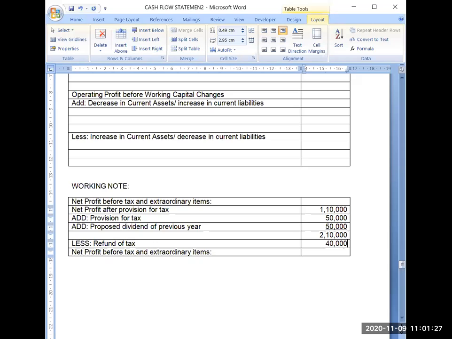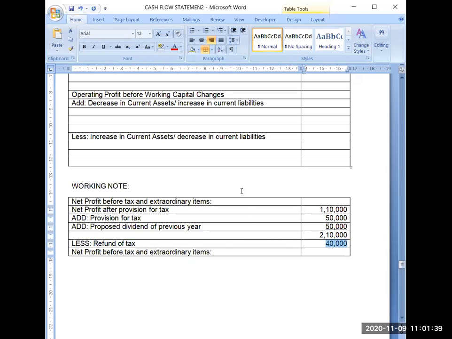Refund of tax will be 40,000. So 2,10,000 minus 40,000, it will be 1,70,000.